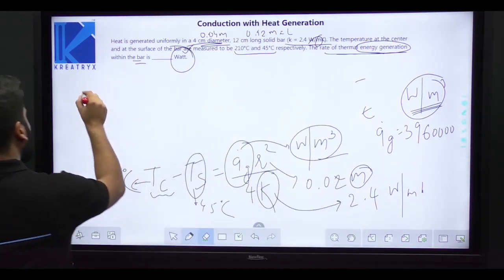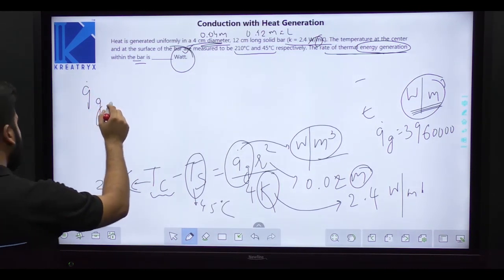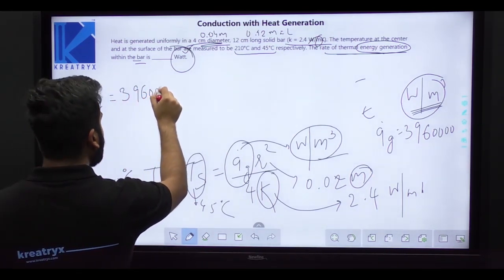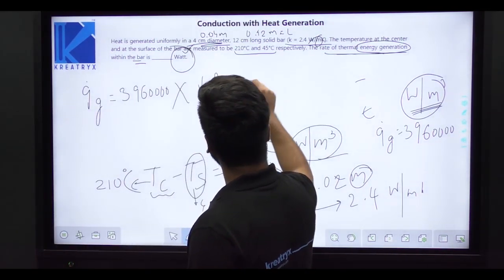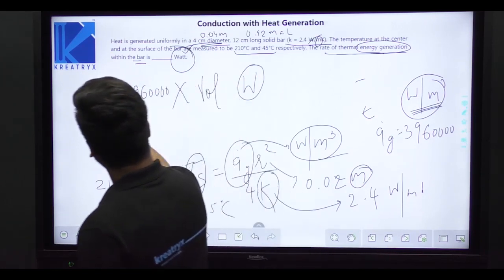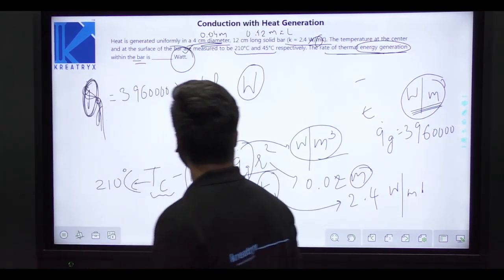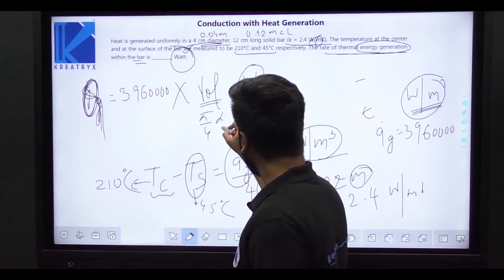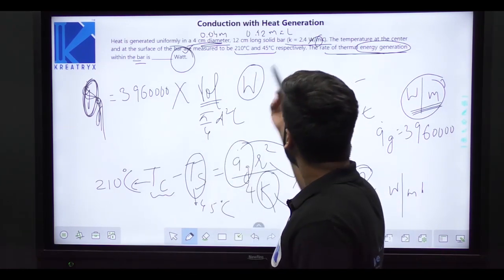So Q dot G, that is heat generation per unit volume, is equal to 3960000. If I multiply it with volume, this will be in watts, and I denote it by capital Q. Volume is pi by 4 d square L. D is 0.04 meter, L is 0.12 meter.